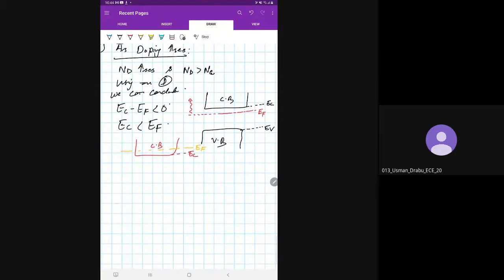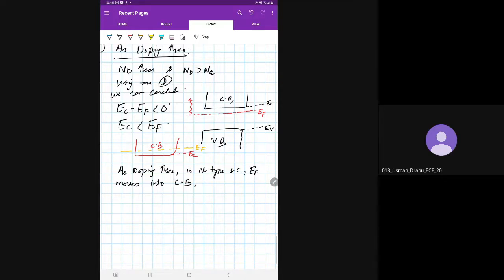So we can conclude that as doping is increased in n-type semiconductor, Fermi energy level moves into conduction band.